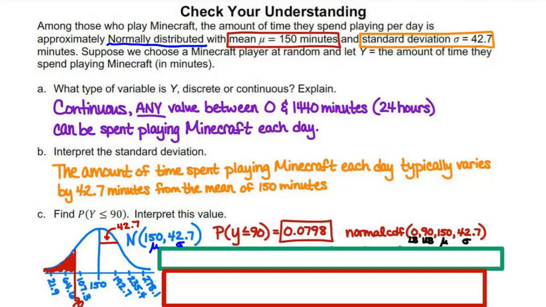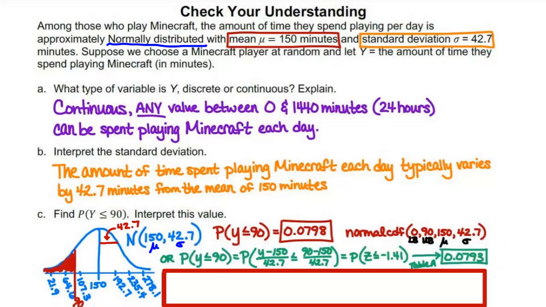You know those formula sheets you keep passing out for tests? After that first page, what's all the rest of it? Z-scores and tables. You could do a Z-score for this. You could calculate your Z-score and then look it up in table A if you don't want to do it on your graphing calculator. This is what that would look like.